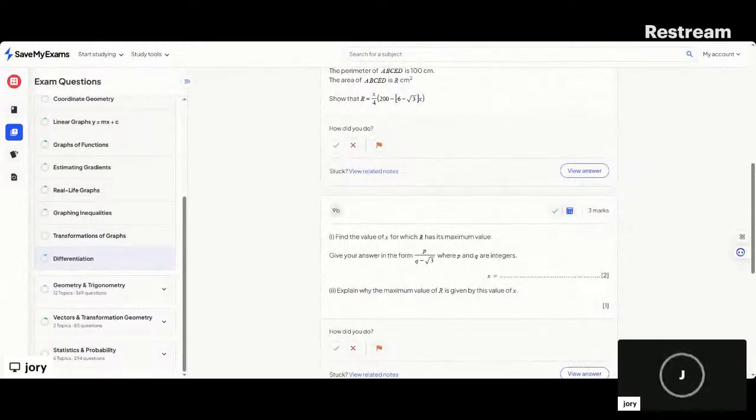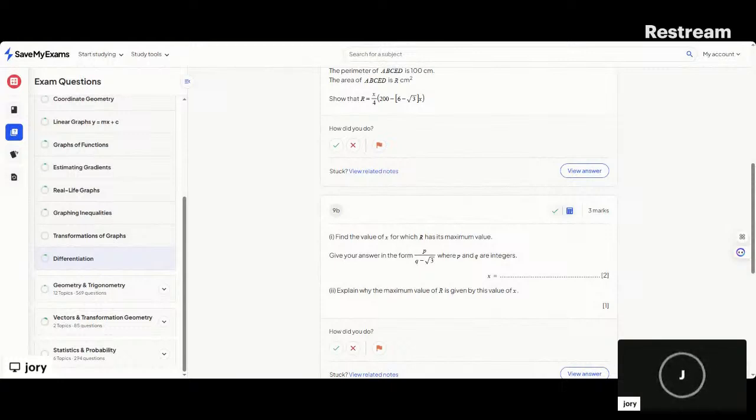So x over 4, my brain hurts, minus 6 minus root 3x. Okay. 200 minus 6x plus root 3.